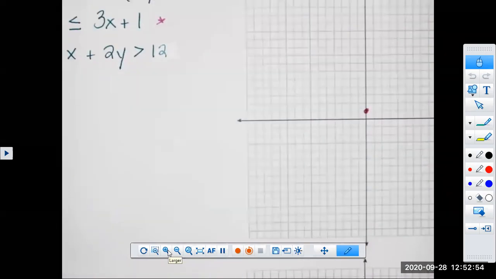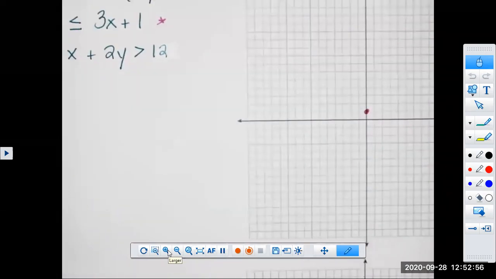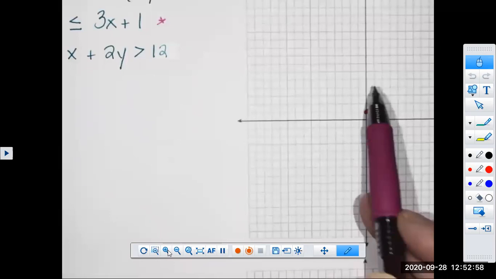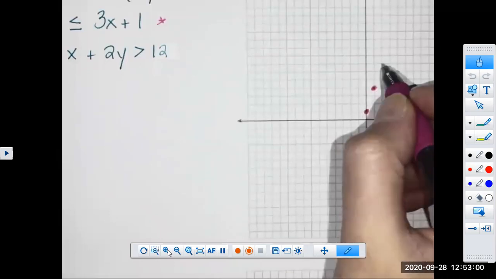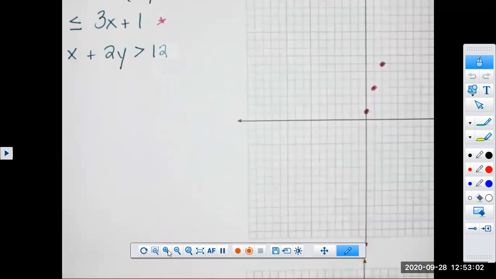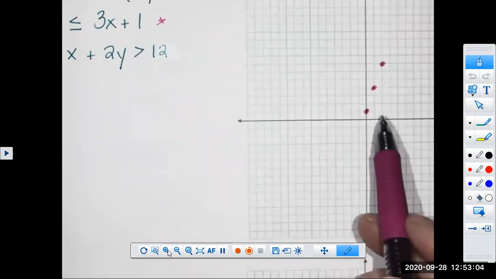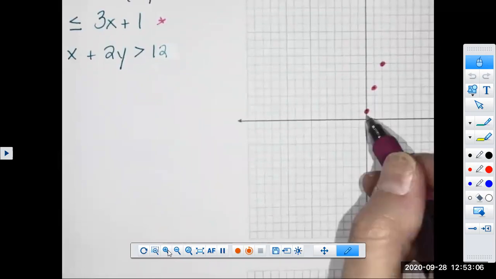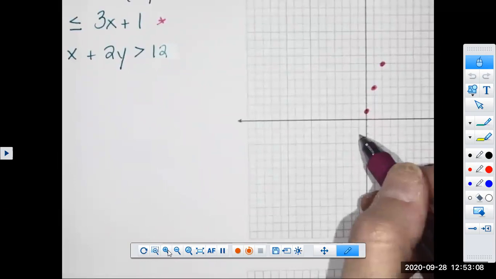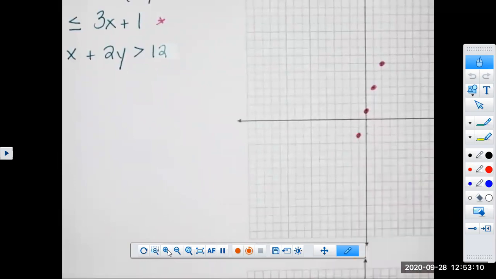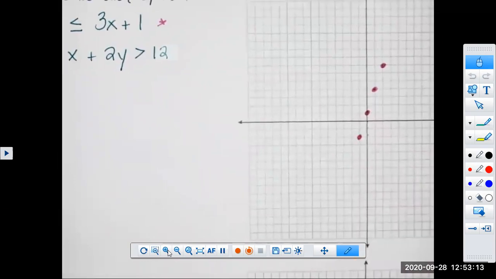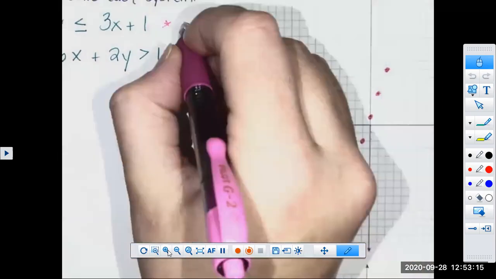And then you're going to use your slope of positive 3. So go up 3 to the right 1, up 3 to the right 1. Of course you can reverse it to get some points down here, go down 3 to the left 1. Do you graph a dotted or a solid line? Solid.